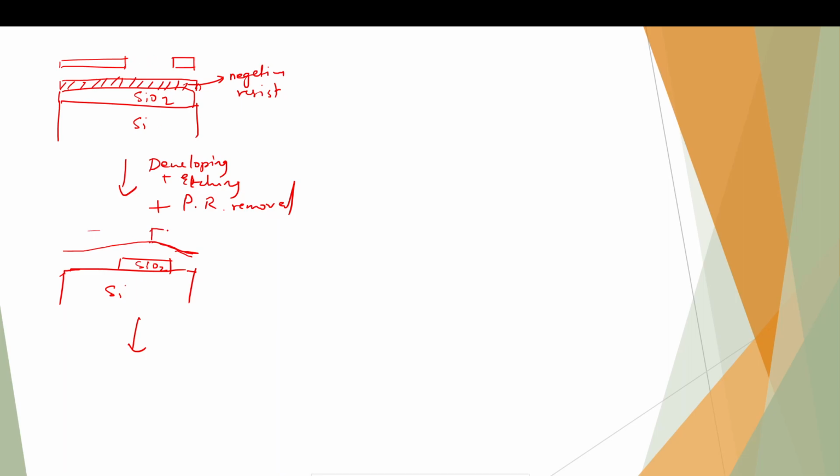So, I will use a mask here like this and here. This is again 5 microns or more, but now the resulting dimensions will be this, so I have got a 2 micron strip. This is called double patterning.